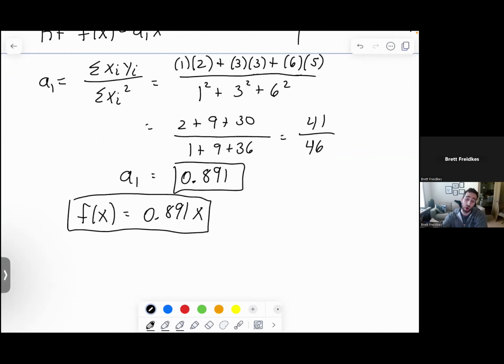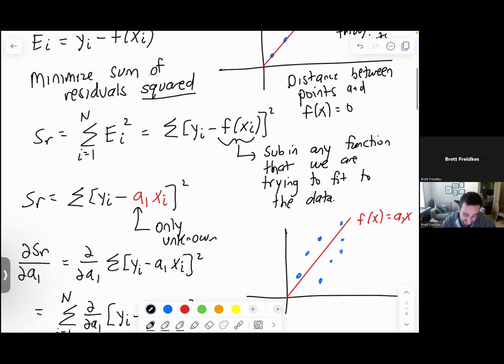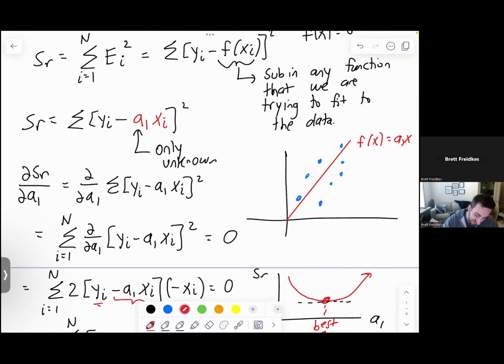Now again, depending on what the function is, the math changes, but this procedure is exactly the same. We're going to substitute that function into this least squares expression. Remember, this is the least squares method, where the idea is that we'll take our function f of x, whatever it may be, that we are trying to fit the data to.